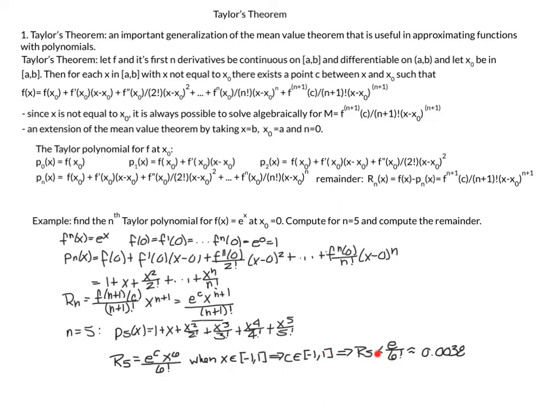So R5 is less than e raised to the c, which is e raised to the 1, divided by 6 factorial, and then my 1 to the 6, which is just 1. So my remainder is bounded, and it's going to be less than 0.0038. So you can see the fifth polynomial is actually quite a good estimate for e to the x.